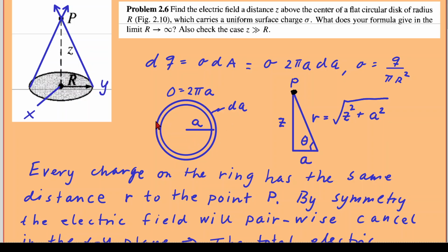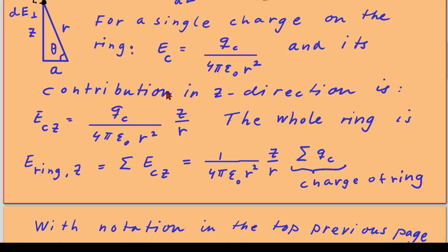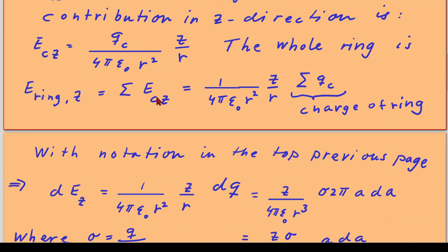So now we know a little bit more about the ring. Here is called the Q, and here the sum of the point charges, that's the charge of this ring, but we call it dq now.